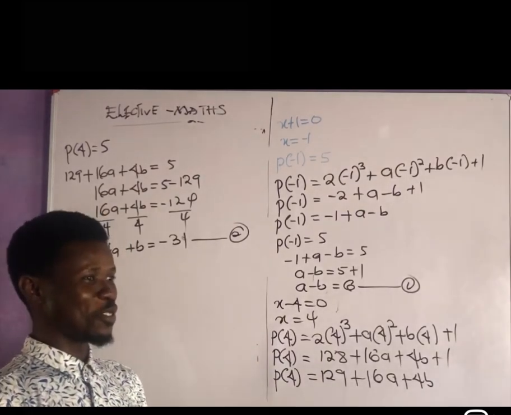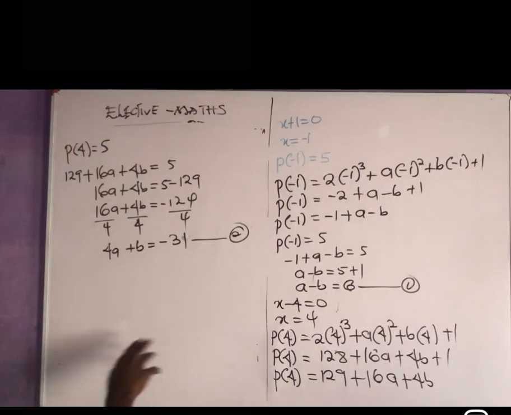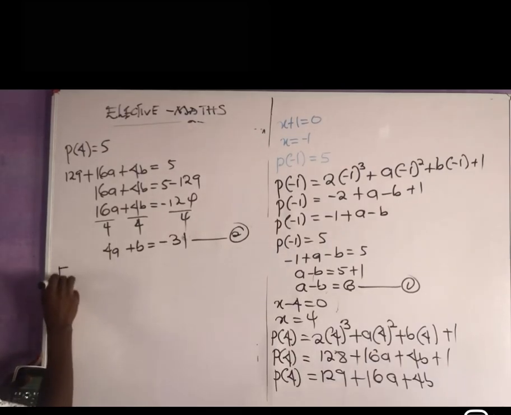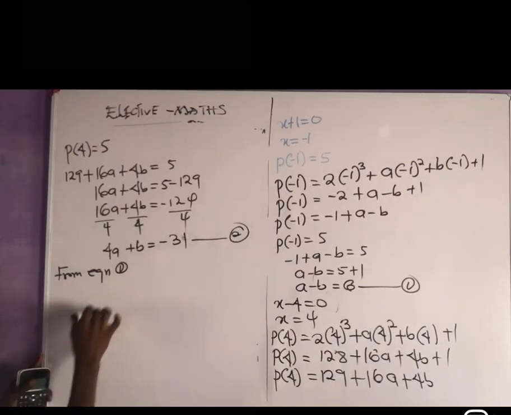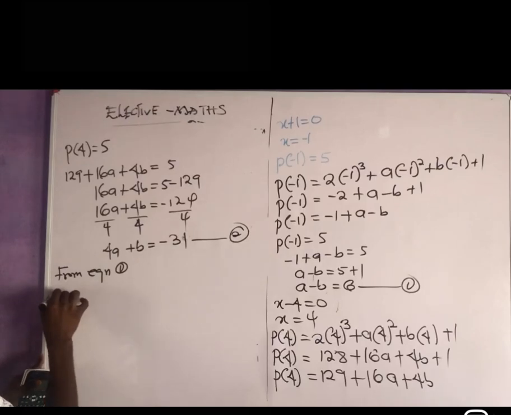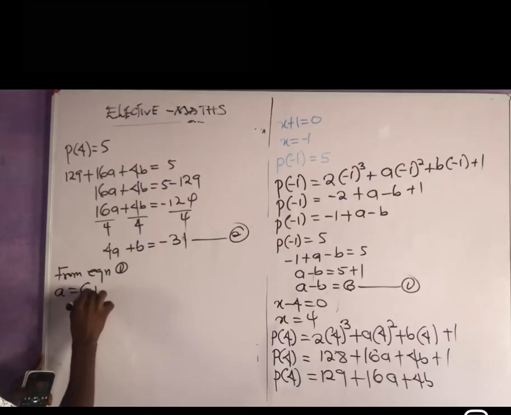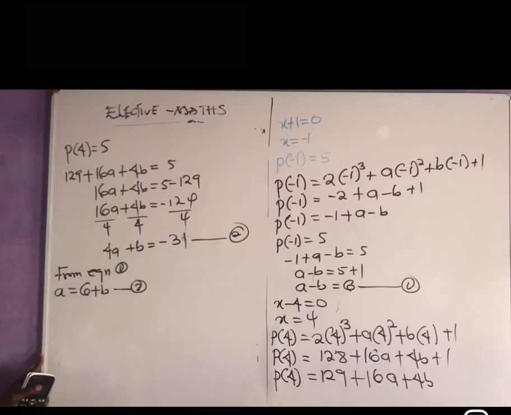So we are going to use the substitution method. So from equation 1, let's make a the subject. So I have a to be equals to 6 plus b. Let's name this one equation 3.